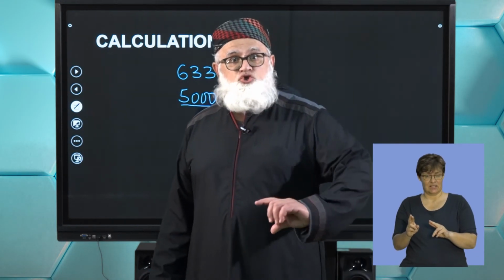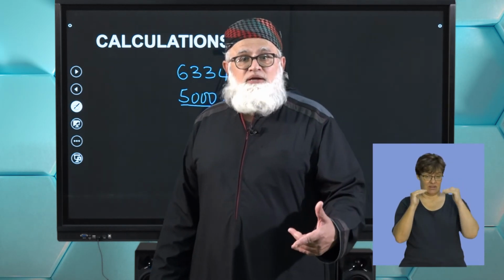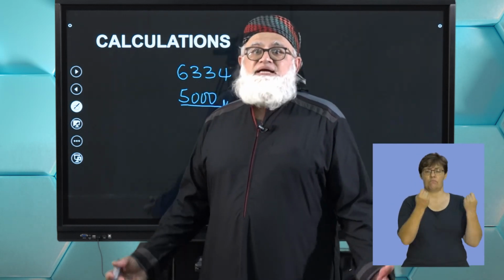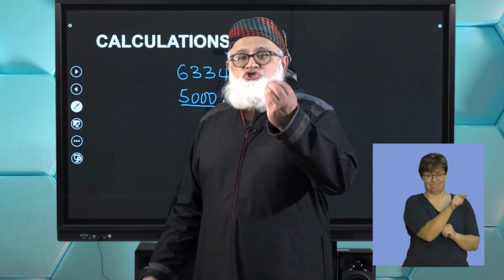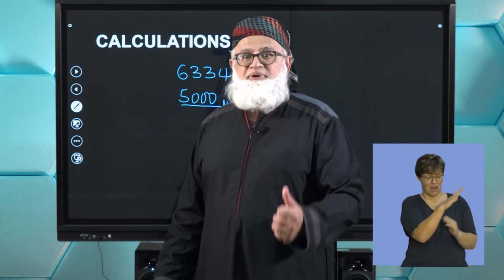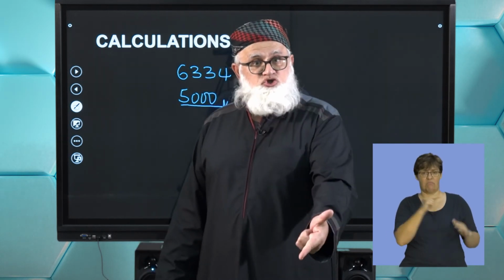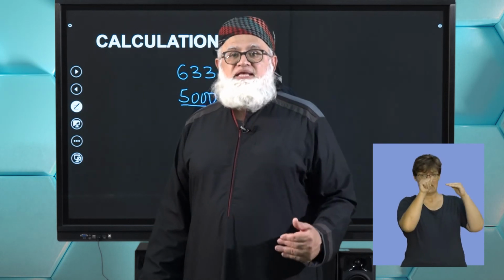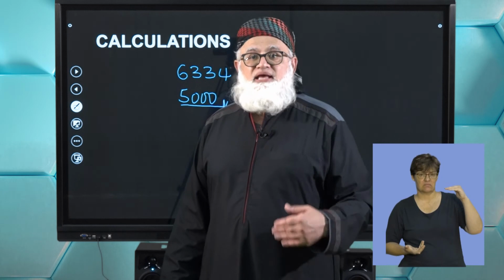So one is to calculate the break-even point, and the second part is to analyze the break-even point. Clearly you can see that this factory is not meeting the break-even point. In other words, they're incurring a loss. Why? They are manufacturing below the break-even point, and as a result of that, they're going to be making a loss.